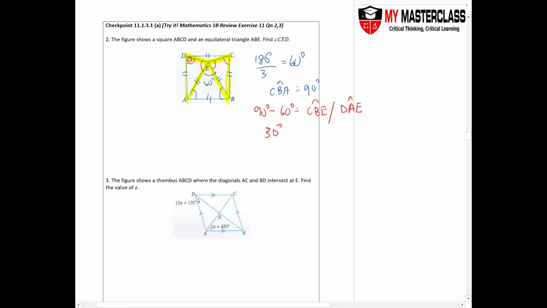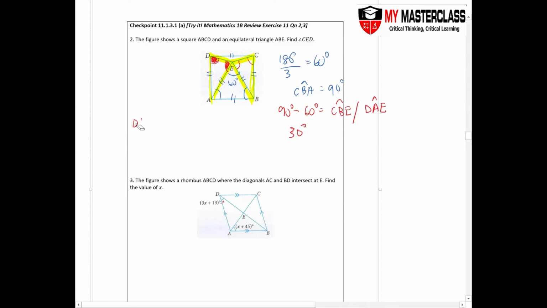Which means that these shaded red angles, let's say EDA, DEA, as well as BCE and CEB, they are all 180 minus 30, divided by 2.